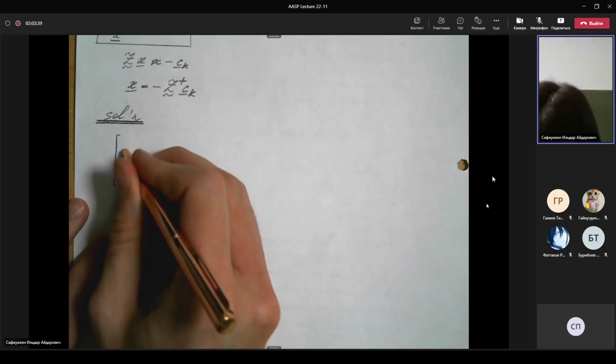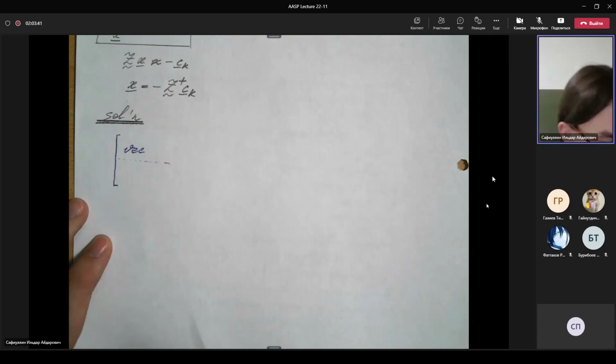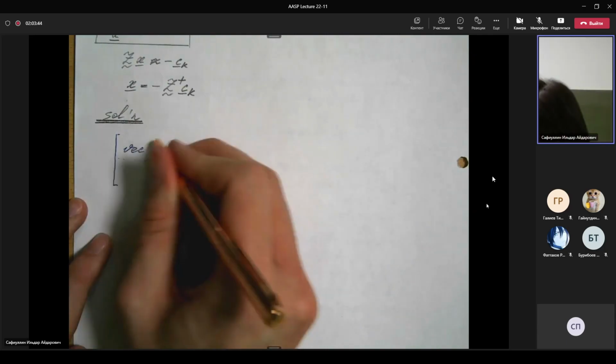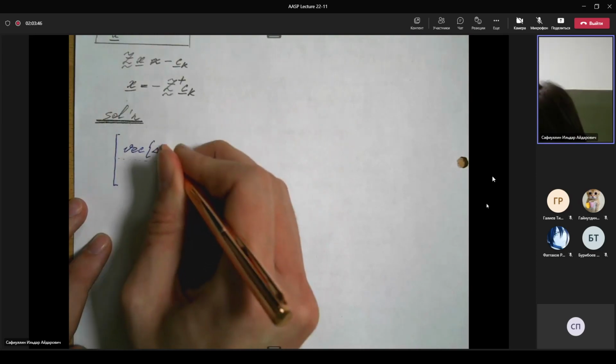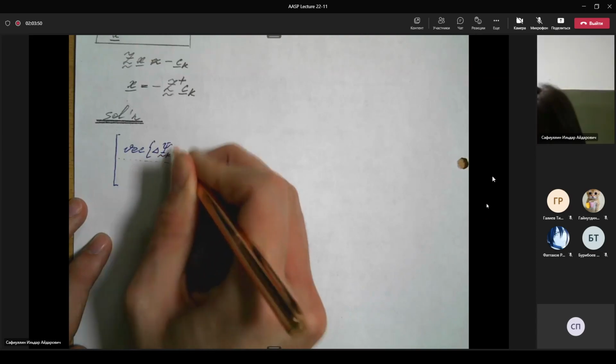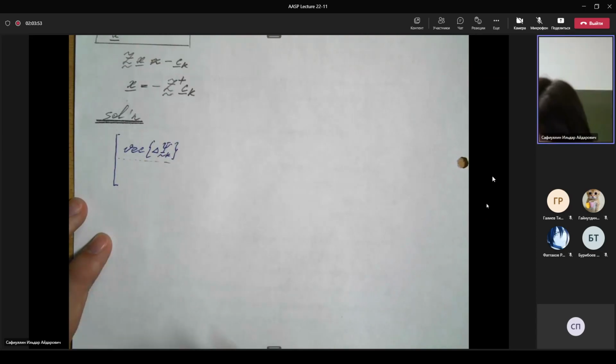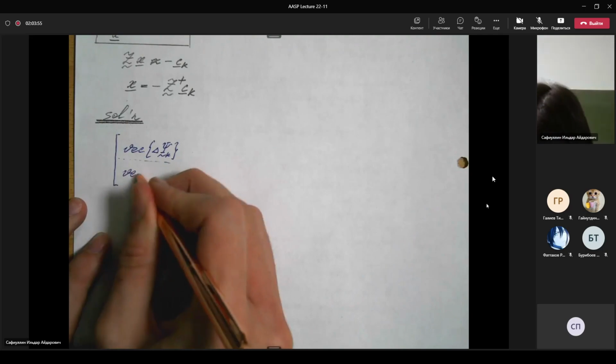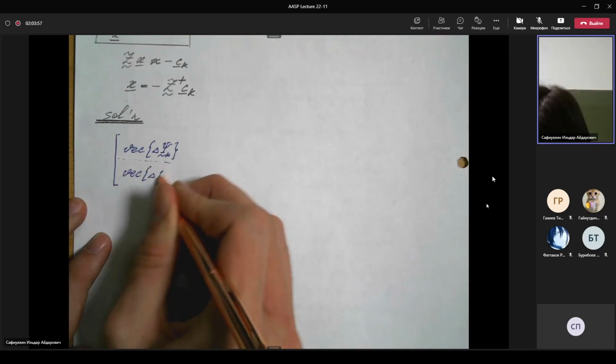First is vectorization of delta xi sub k and vectorization of delta u sub k.